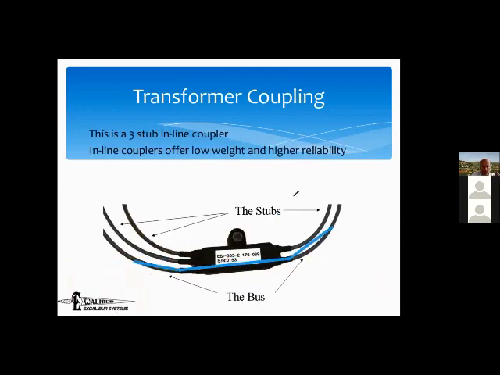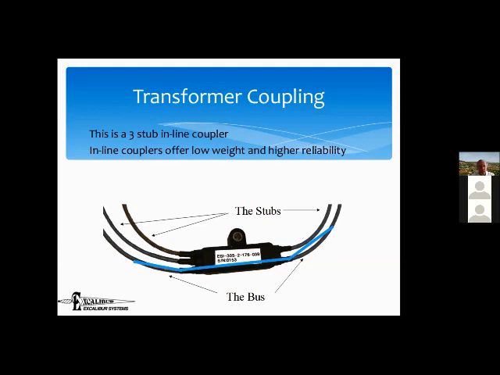Now this is a picture of an inline coupler. Functionally, it's exactly the same. Again, you've got 2 wires which represent the bus, and 3 wires which represent the stub. So in that respect, it's exactly the same as the picture on the previous page. They come in many different configurations. Couplers can come with 1 stub, 2 stub, 5 stub, 10 stub, any number of stubs.